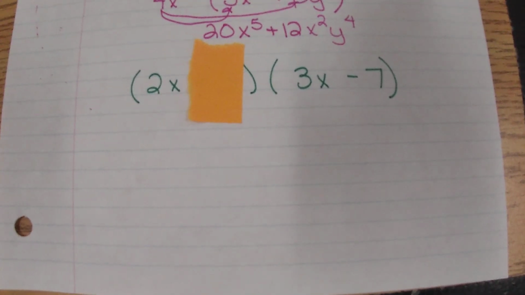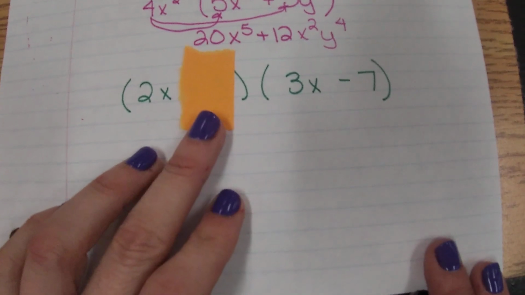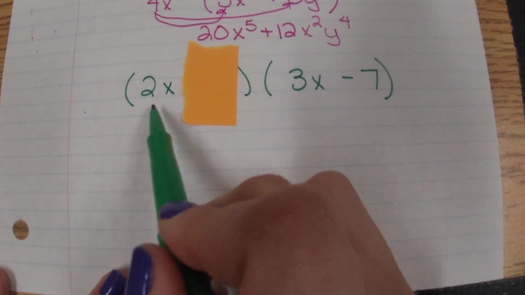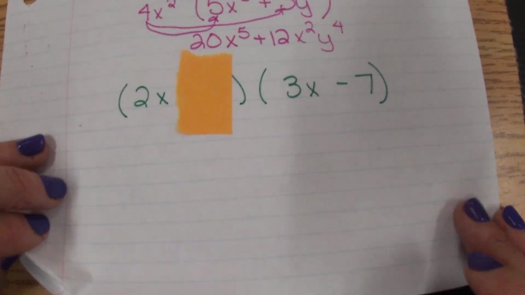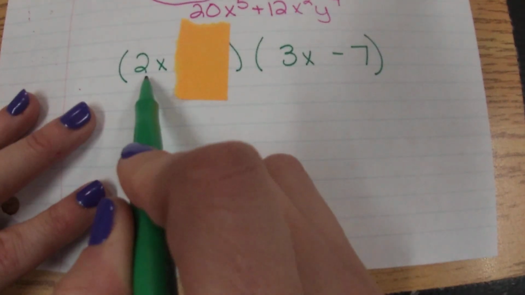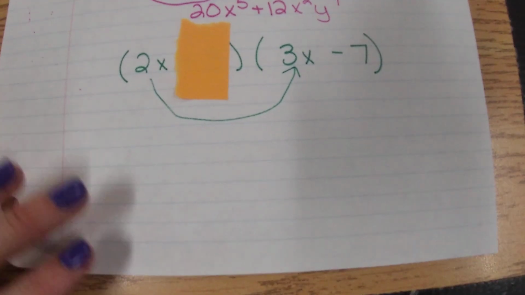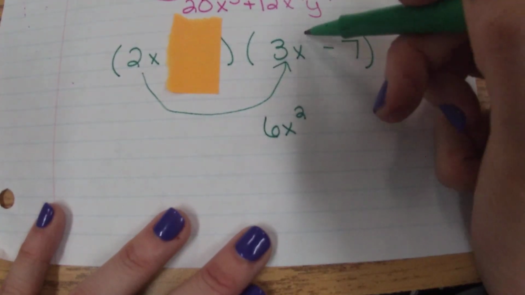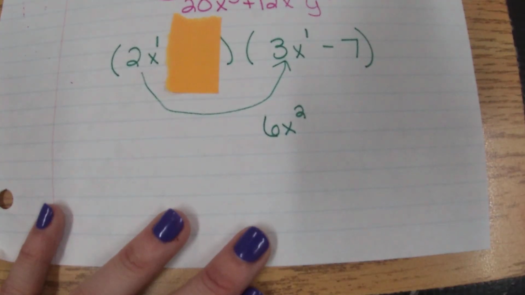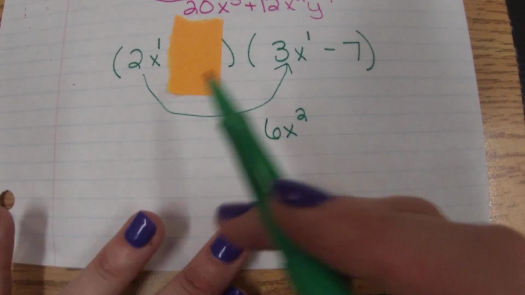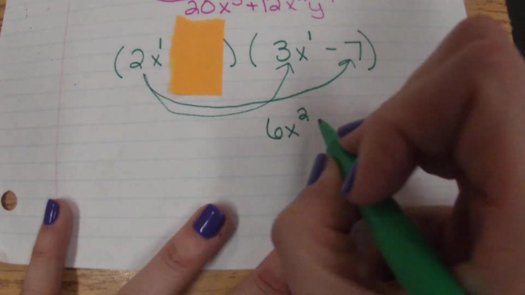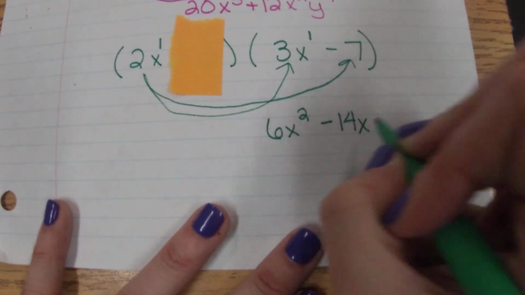Pretend that this other one isn't here and that you just see this 2x. And if you just see this 2x, then we can distribute just like we were doing above. So we can do 2x times 3x, which will give us a 6x squared because we add exponents and a 1 and a 1 give us a 2. We can do 2x times negative 7, which will give us a negative 14x.